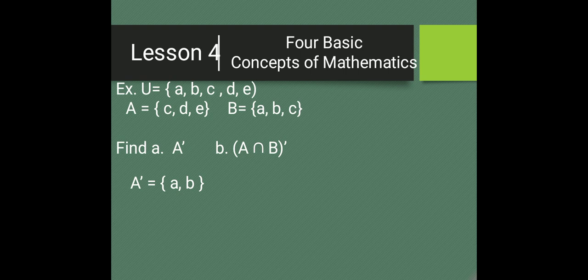itself. So, for example, kung hahanapin yung complement ni A, again, pag hahanapin yung complement ni A, kailangan mong hanapin yung mga elements na nasa universal set na wala kay A. So, ano ba yung meron kay A?